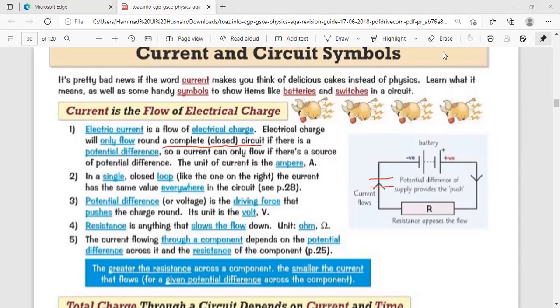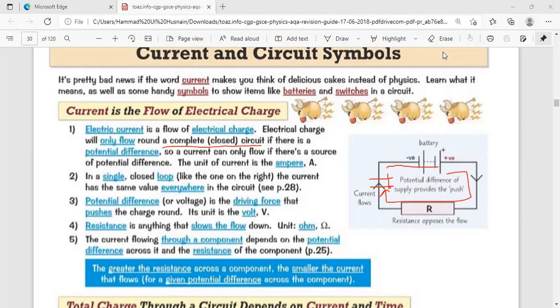If current is flowing like this and comes till this point, it will not have any connection to jump through this break and complete the cycle. So the current will not flow in this circuit. That's why we need a closed circuit in order for current to flow.